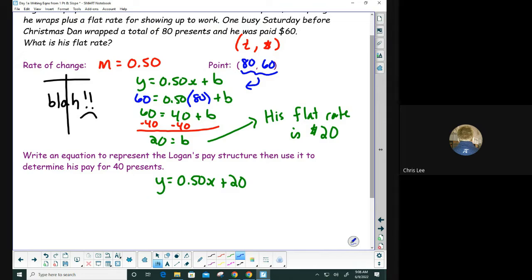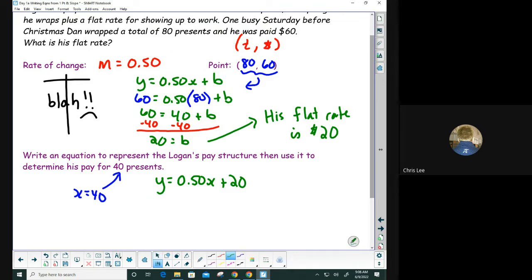It's the X. What would it look like if I gave you the Y? What would I tell you, and you had to go backwards to figure out the X? Say he got paid $60. How many presents did he wrap? That's when you would sub it in for Y. But here we're going to substitute X.